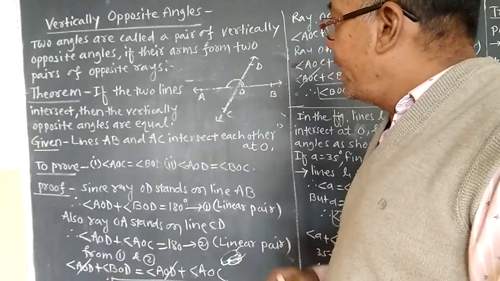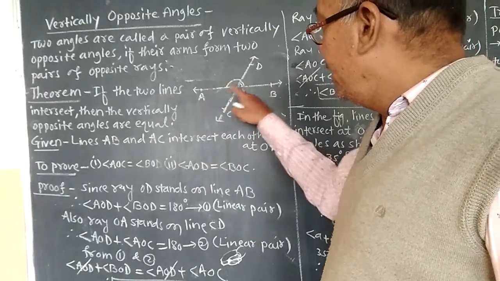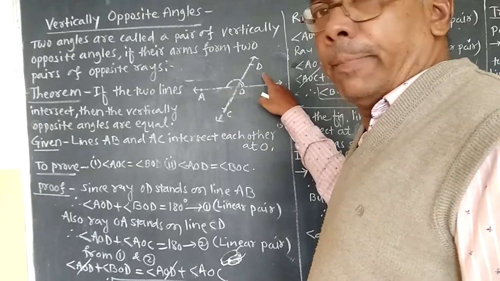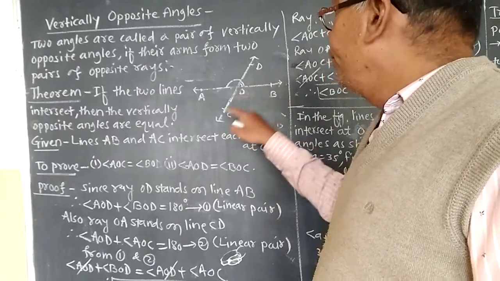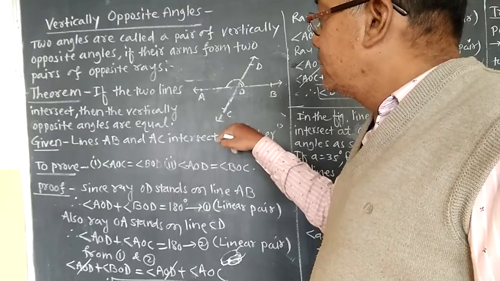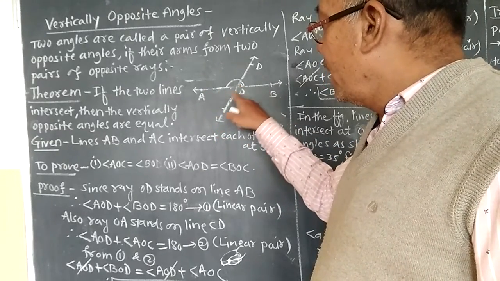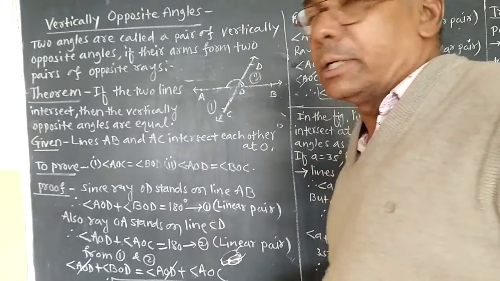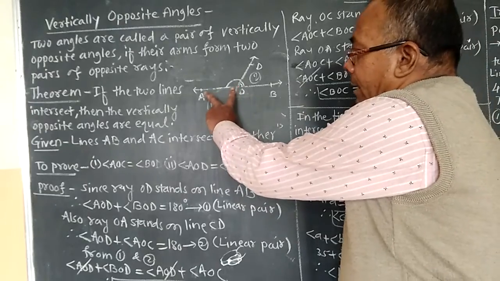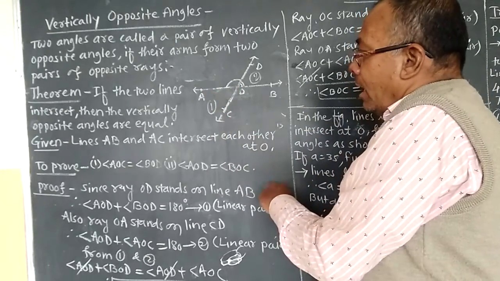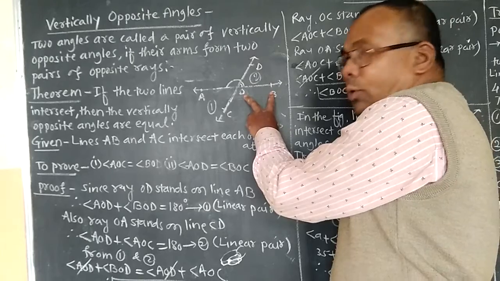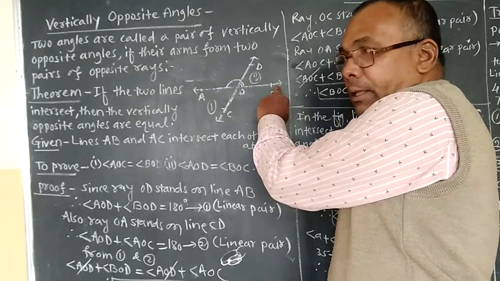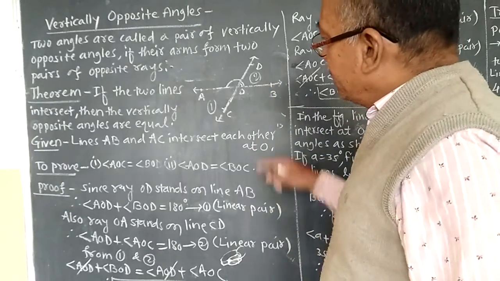In this way, if we consider angle AOC and angle BOD, these two angles, angle 1 and angle 2: arm OA of angle 1 and arm OB of angle 2 form one pair of opposite rays.